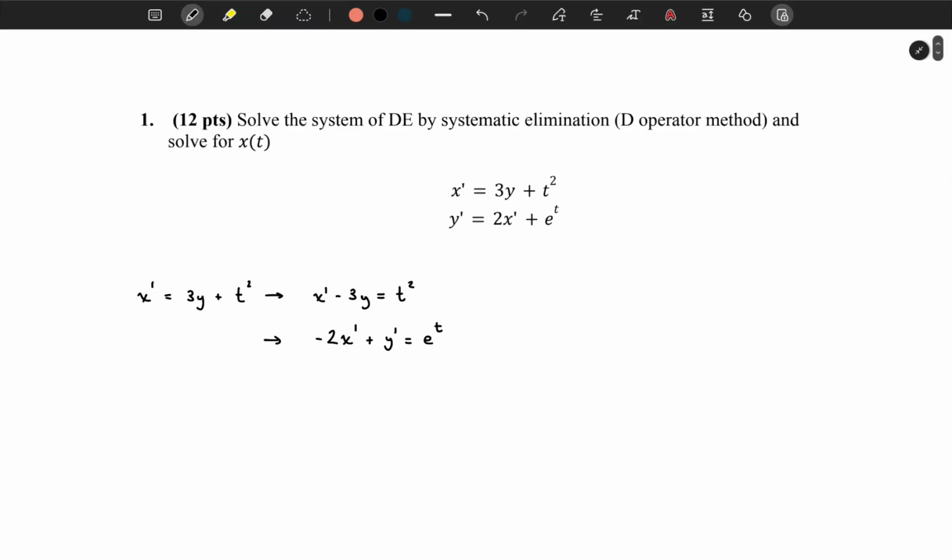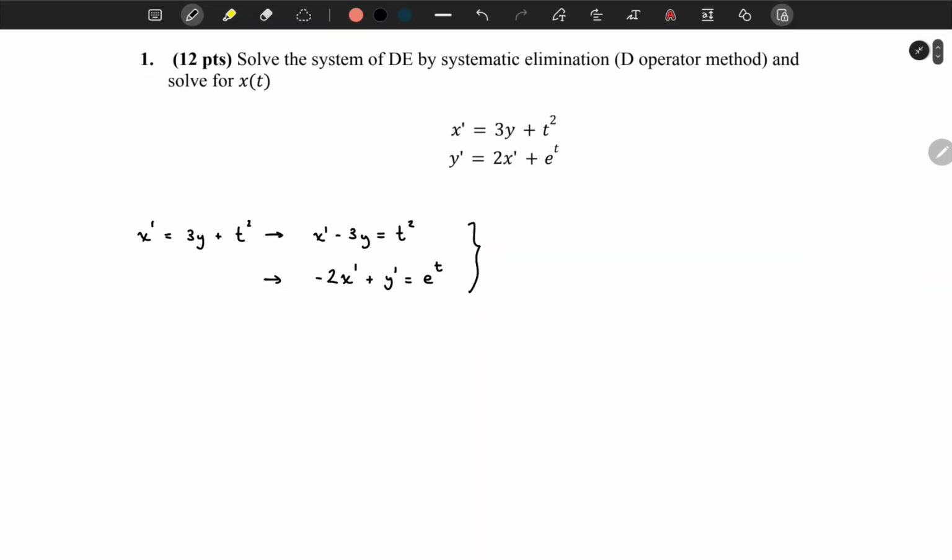Now we want to change them to the d-operator method like they are specifying. So essentially, an x prime would technically mean we have Dx. So Dx minus 3y is equal to t squared.